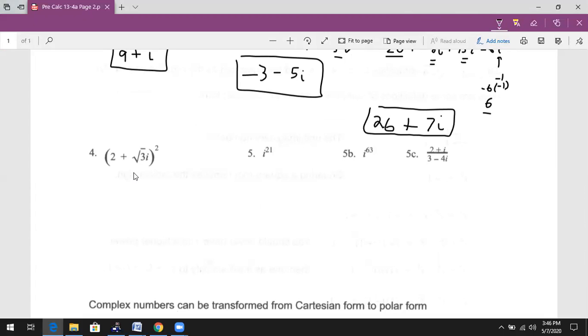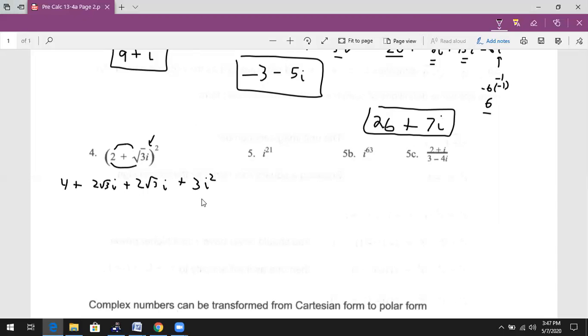So squaring a complex number means taking it times itself. If you have to recopy this, that's fine, but first times first, 2 times 2 is 4. Outside times outside would be 2 root 3i. Inside times inside is plus another 2 root 3i. And last times last, root 3 times root 3 is 3. i times i is i squared.